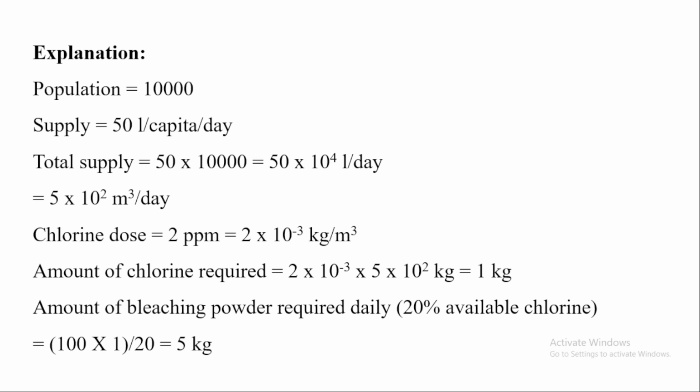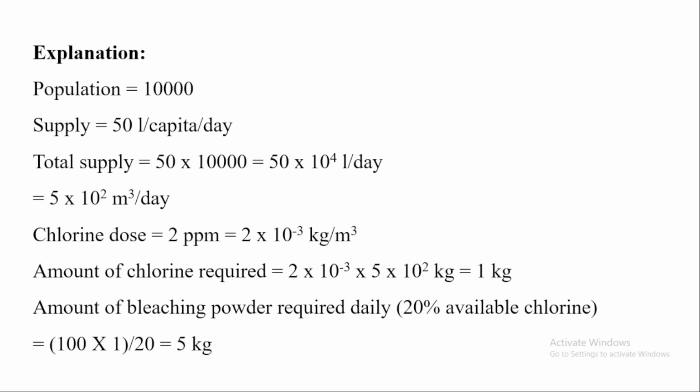Now 10 raised to the power of 4 into 10 raised to the power of minus 3 is 10 raised to 4 minus 3, which is 1. So 50 into 10 means 5 into 10 square. 50 into 10 is 500, and 5 into 10 square is also equal to 500.